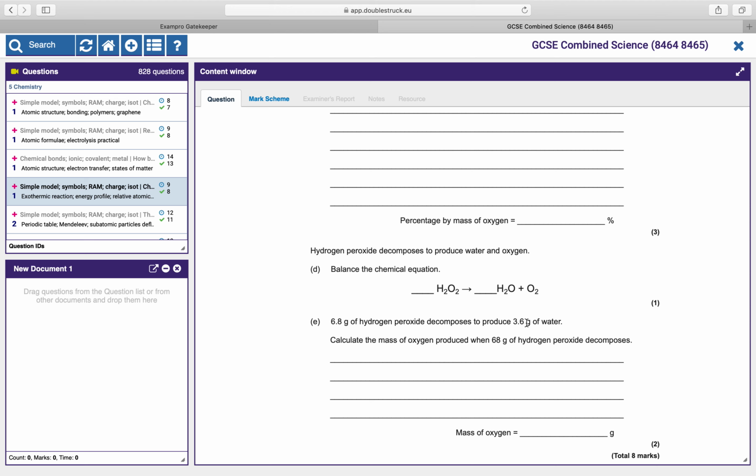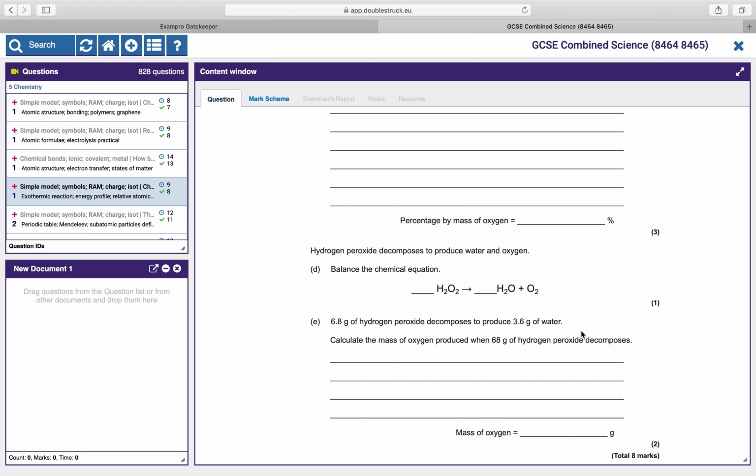So how much water would be produced? Well, obviously that would be times by 10 as well. Because if 6.8 produces 3.6, 68 will produce 36. Yeah? Okay, so we've got 36 grams of water.